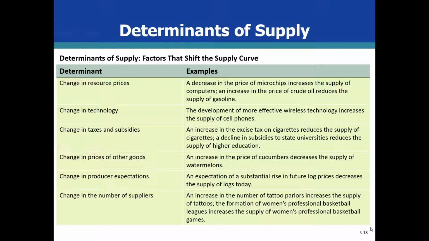Again, here you have some of the determinants on the left that I went through, and specific examples on products and services in terms of this particular shift. This, again, is a good chart to review and get the concept of changes in supply so that you understand it for a quiz or a test.